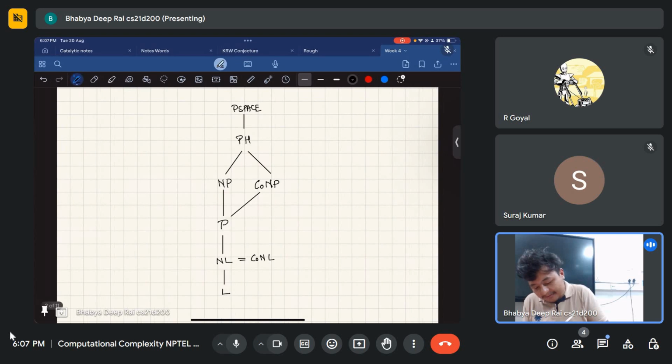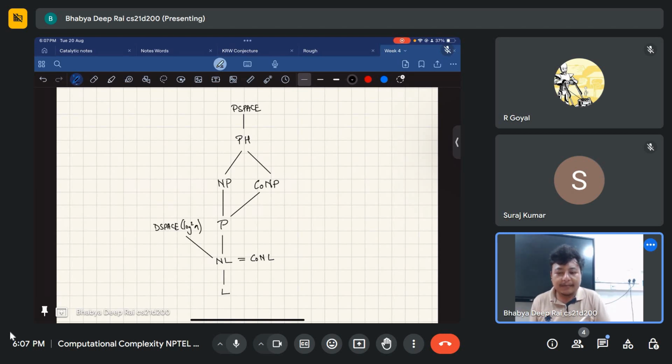By Savitch's theorem, what do you know? We know that DSPACE(log^2 n) contains NL, by Savitch's theorem.